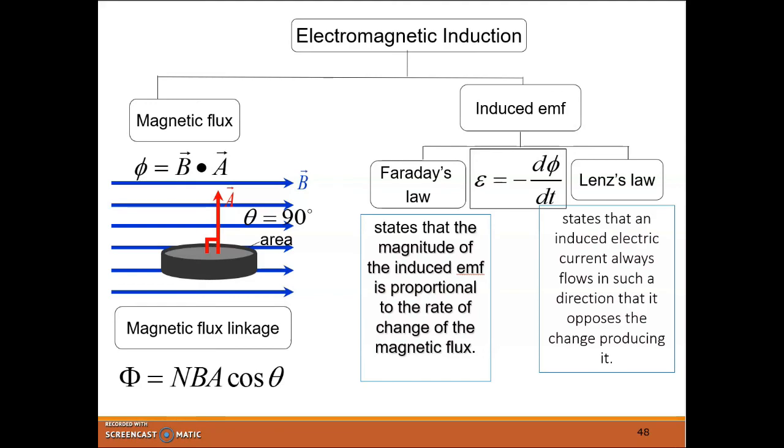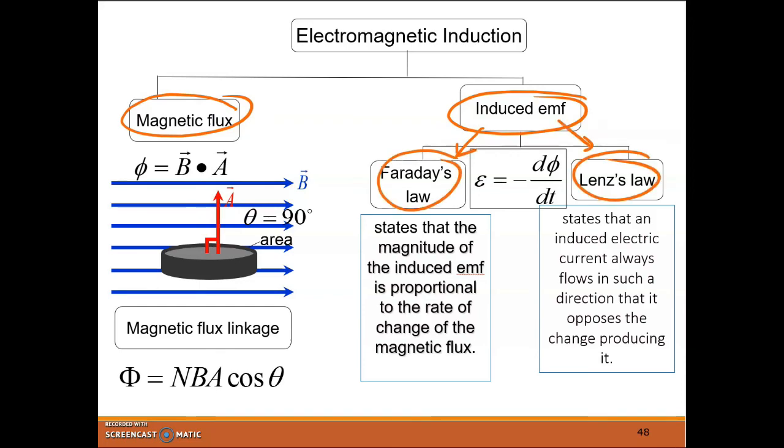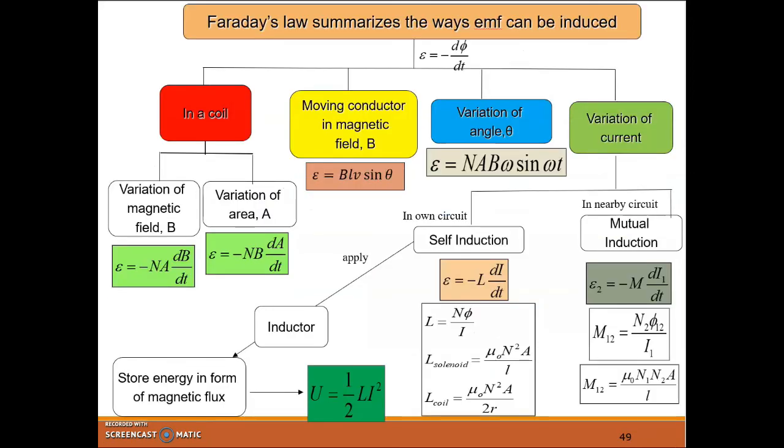Okay, that's all for magnetic induction. Again, we have magnetic flux and induced EMF, which is divided into two: Faraday's law and Lenz's law. And then we have Faraday, who summarized the ways EMF can be induced: in a coil, in a moving conductor, variation of angle and variation of current.